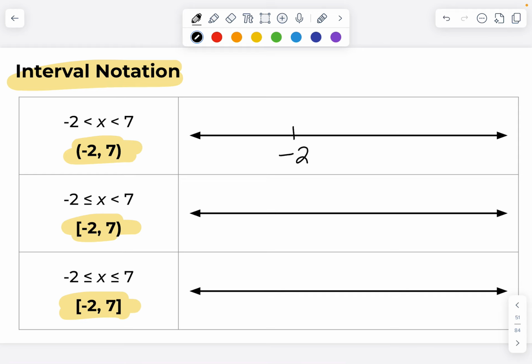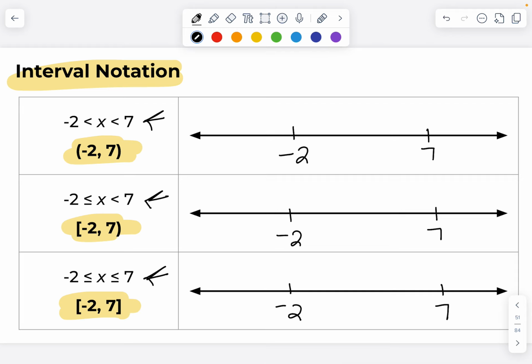So the way we can think about these problems is they're all very similar. There's just slight differences to each of them. For each of these, notice we have x's between -2 and 7.